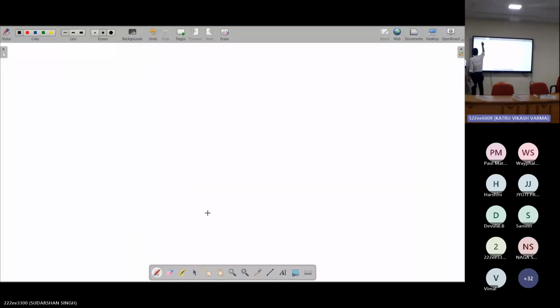We have used the state space averaging technique to find out the transfer function. Obviously I will not go through the state space averaging technique because it will take more time. There are 3 steps in the state space averaging technique.